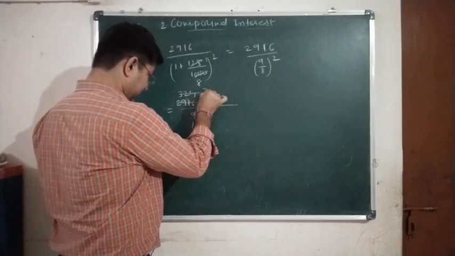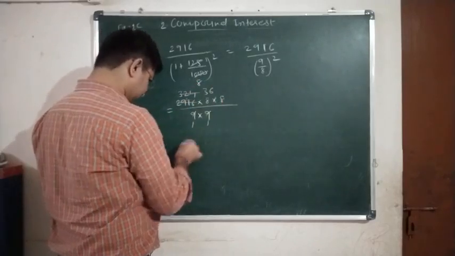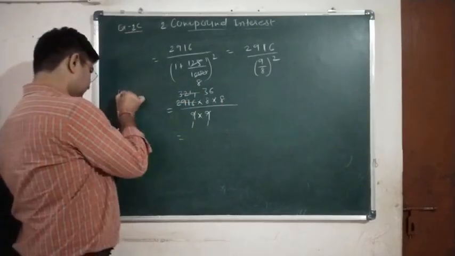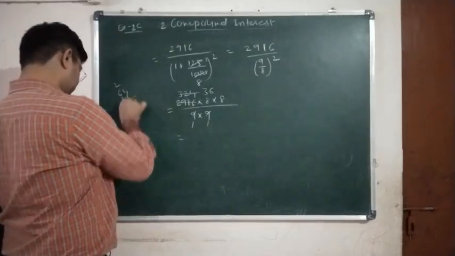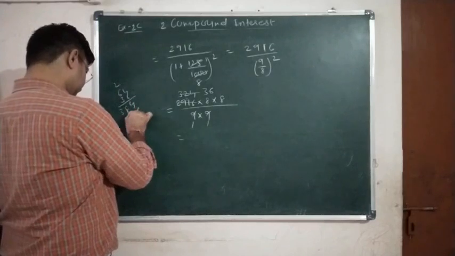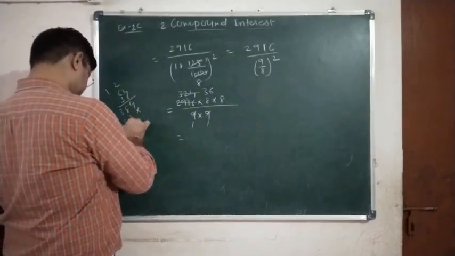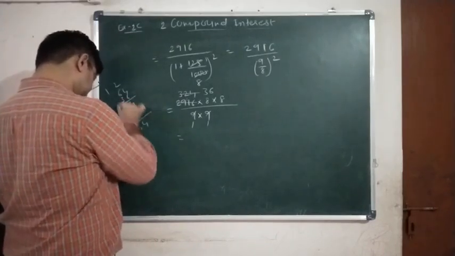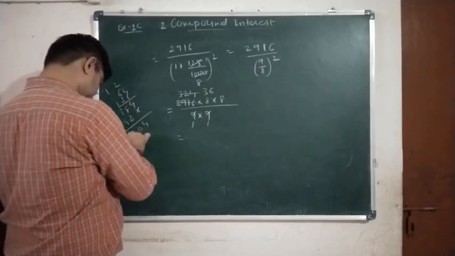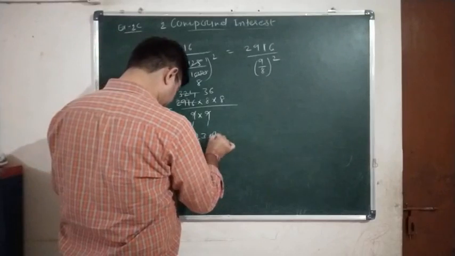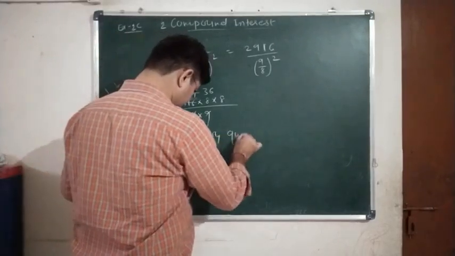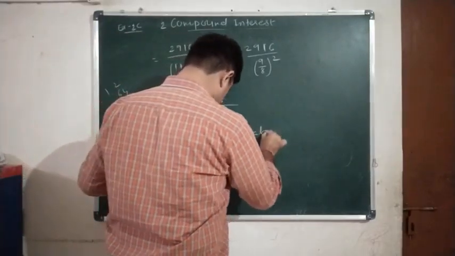Okay, again 9 3s are 27, 9 6s are 54. So 8 8s are 64 into 36, that is 2304 quintals.